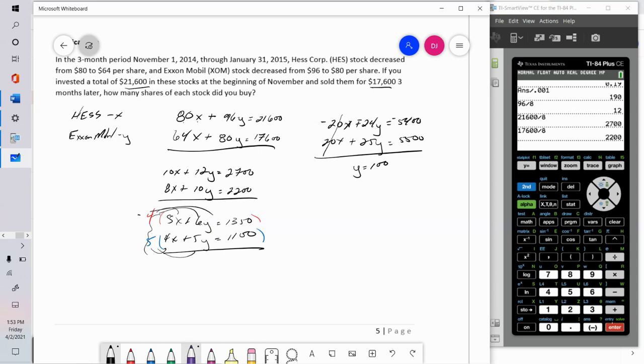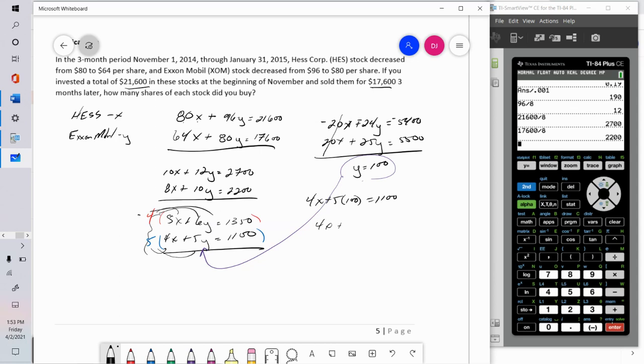So I'm going to take that value for y, plug it back into any one of these equations, any one you want. I'm going to put it here. So 4x plus 5 times 100 is 1,100.